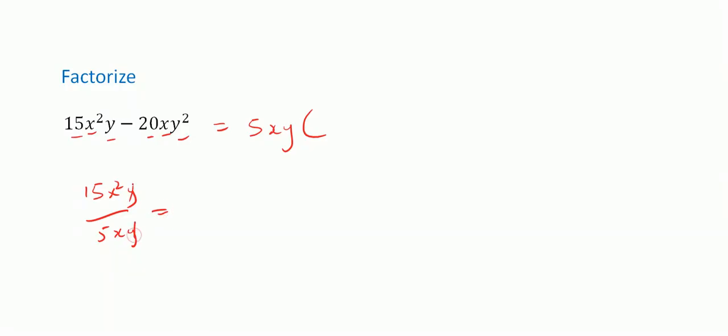The y's will cancel. The 5 will go into 15 3 times, and the x will go into x squared x times. So this will be 3x. And to get the second term, it'll be 20xy squared over 5xy. The x's will cancel. The 5 will go into 20 4 times, and the y would go into y squared y times. So it'll be minus 4y.